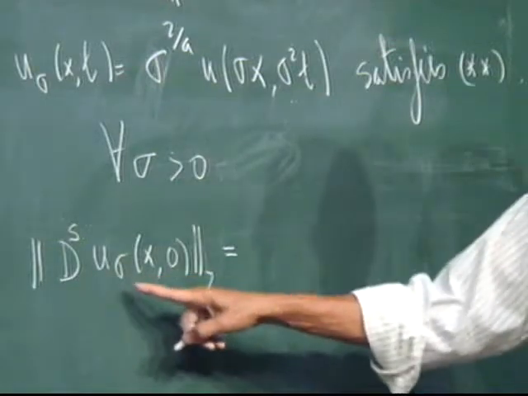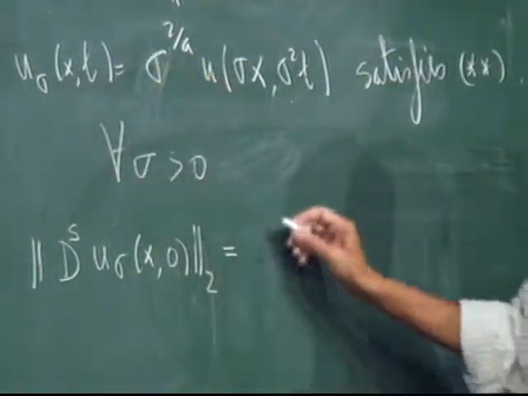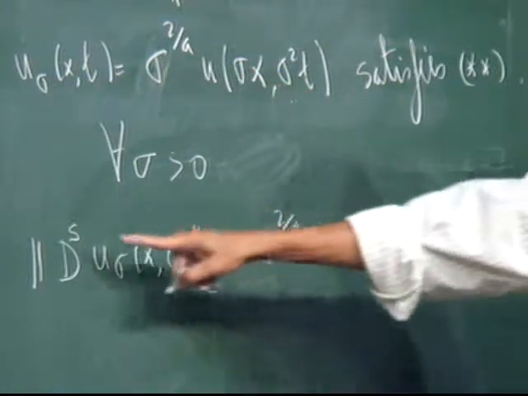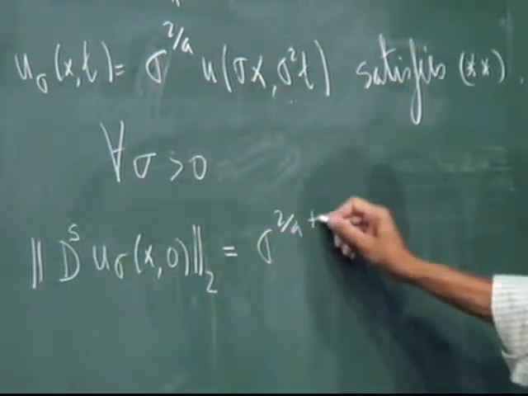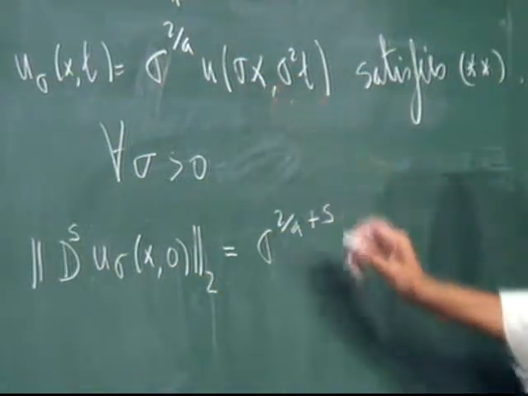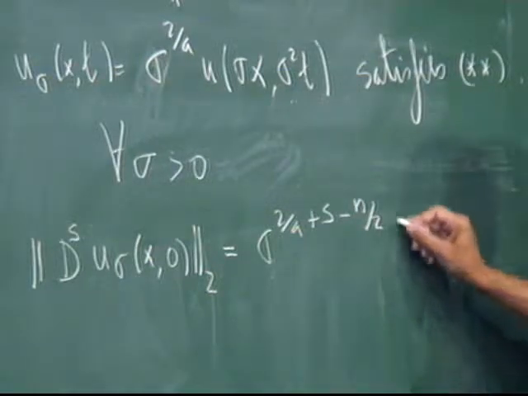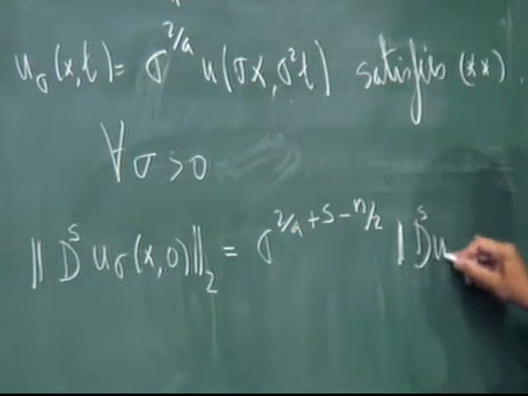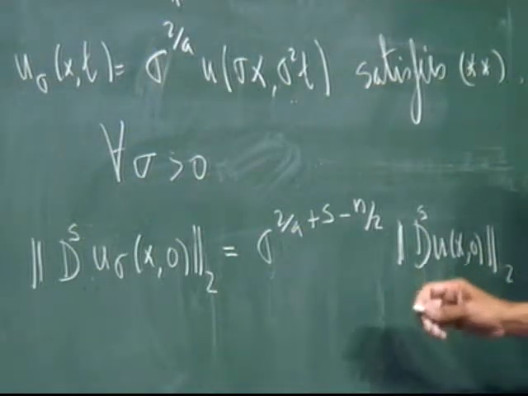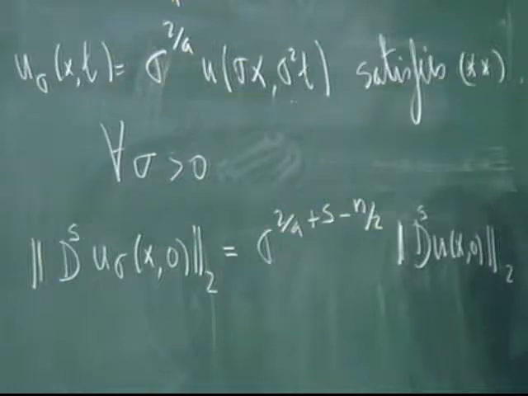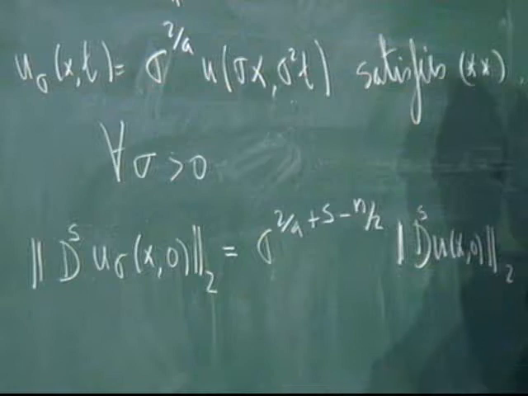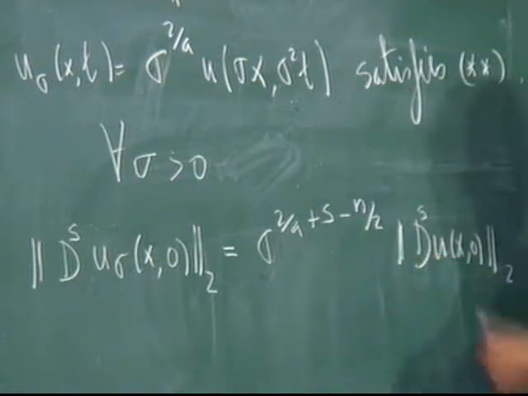Well, by homogeneity, if you take derivatives of this, you have this power coming out of psi. Taking s derivatives, this will come out as s. And since you are taking the L2 norm, you have to change variable, and it's going to give you this. And you're going to have the derivatives of s of u of x0, something that doesn't depend on sigma.